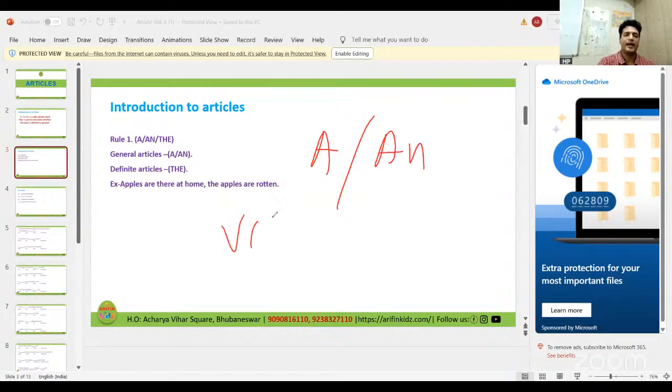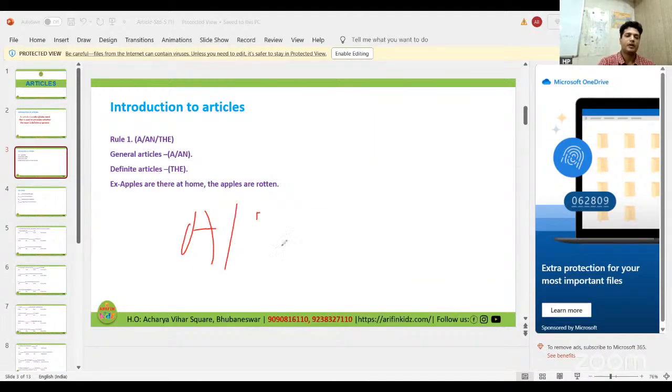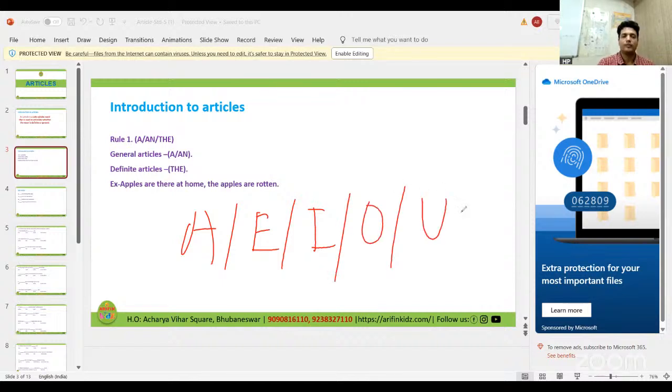So how many vowels do we have? A, E, I, O, U, right? Now the rule is very simple.